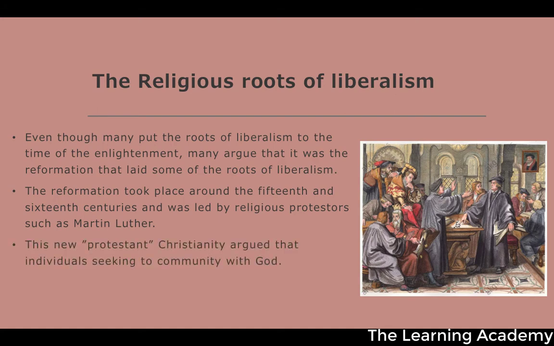This new Protestant Christianity argued that for individuals seeking community with God, there was no need to rely on priests or popes or any kind of intermediaries to have a relationship and talk with God. And that's where we get the idea of Protestantism as opposed to Catholicism.